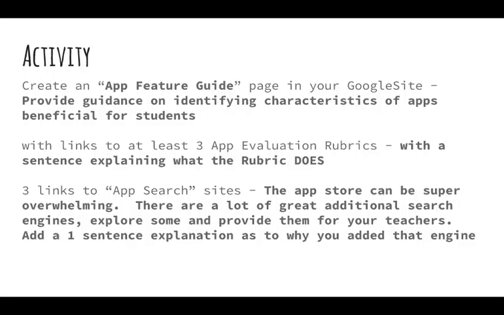There are quite a few available out there because they can give you more specific search criteria and more advanced features, and that can be really helpful. So find three search sites and provide them for your teachers, and add a one-sentence explanation as to why you added that engine on your app feature guide.